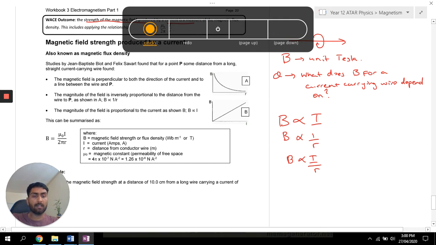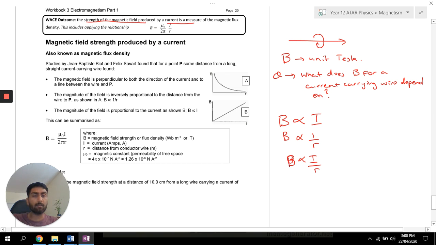So there must be some sort of constant which we can find graphically. Experimentally, we change the amount of current and measure the magnetic field, and change the radius and measure the magnetic field strength. Then there should be some constant tying them together to make this an equality. It turns out that constant k is mu naught over 2 pi.